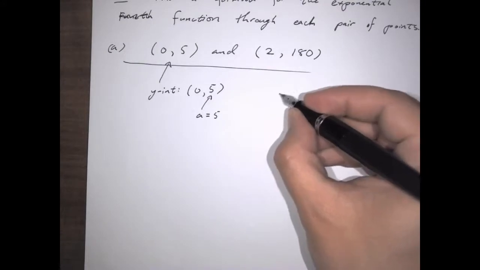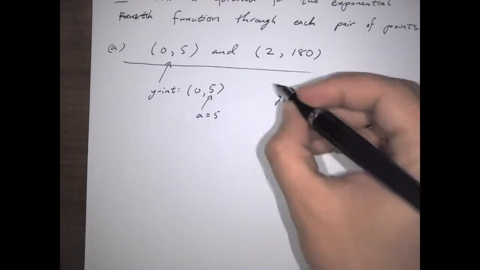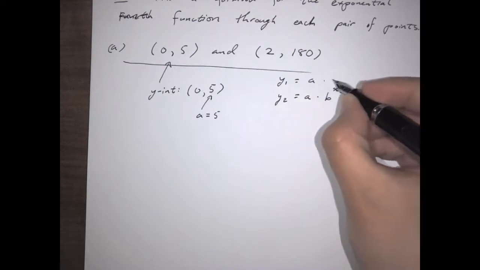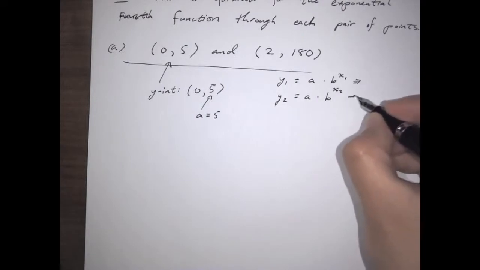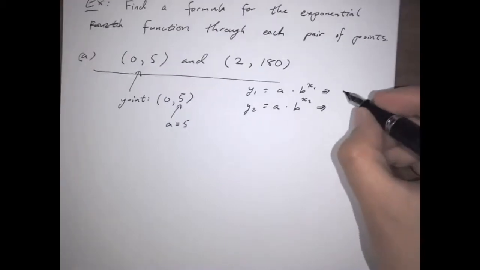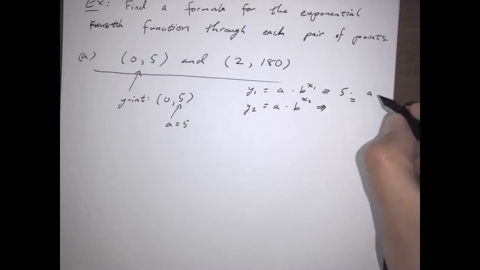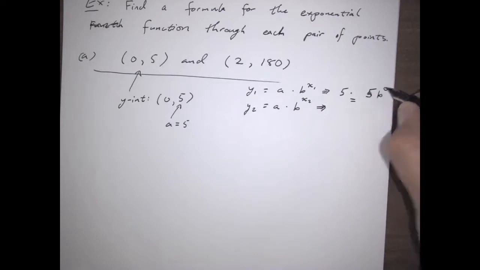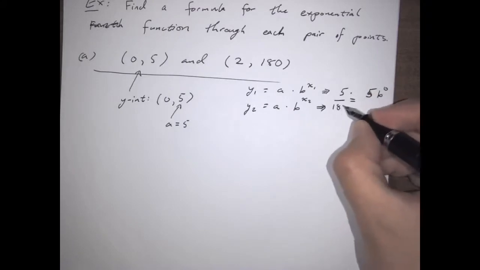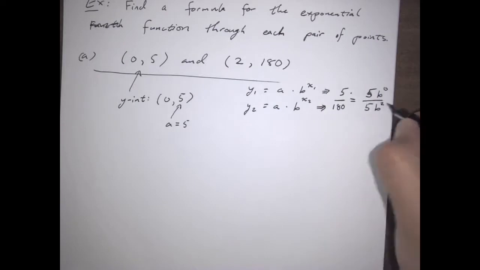Now then, if I wanted to do the y2 equals a times b to the power of x2, and the y1 equals a times b to the power of x1, what that's going to lead me to is, well, we've got a y of 5, we've got an a of 5, we've got b to the 0, and on the other side we've got 180 and 5 and b to the second.